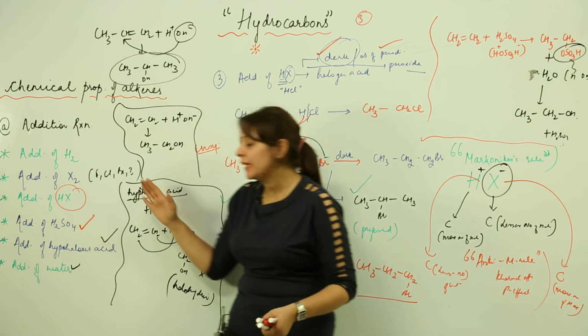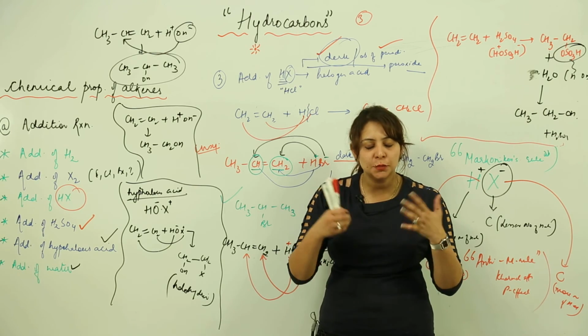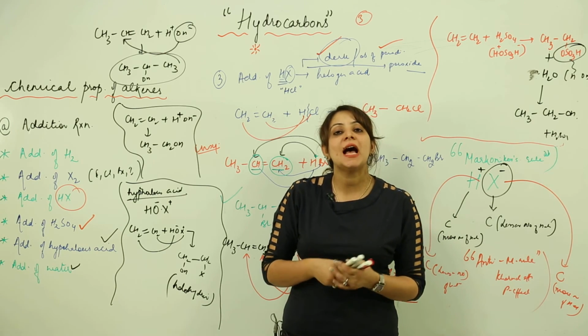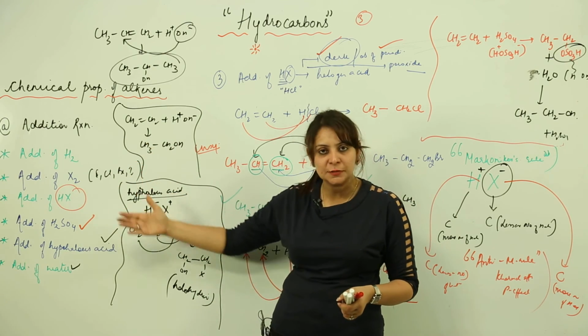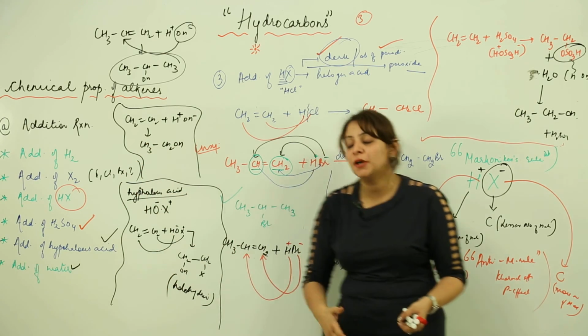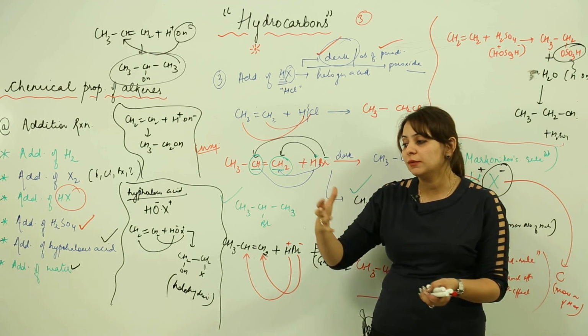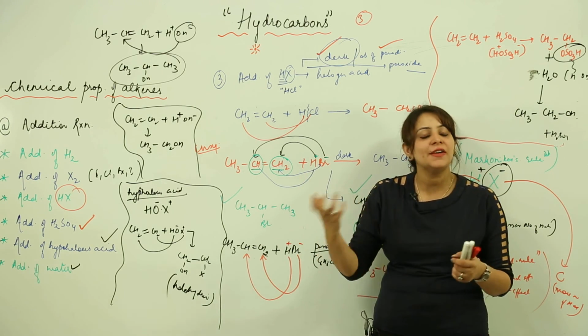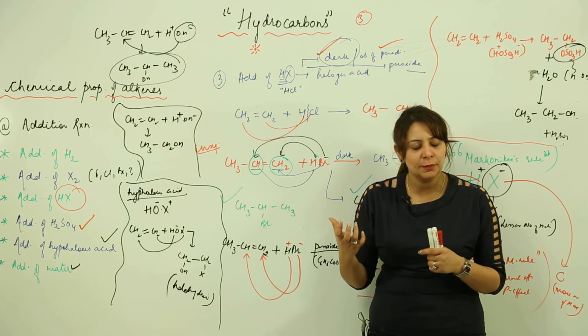Out of all these things, I think it's clear that the alkene, because it possesses an extra bond, has the ability to undergo addition reactions, and you can add this many substances to it. And as far as Markovnikov's and anti-Markovnikov's rules are concerned, they are obeyed only by a group of atoms which bears a positive and a negative charge, or you can say in which the bond is polar.